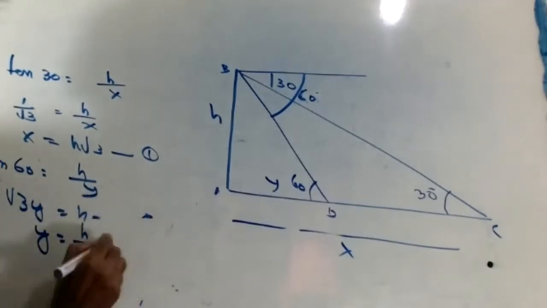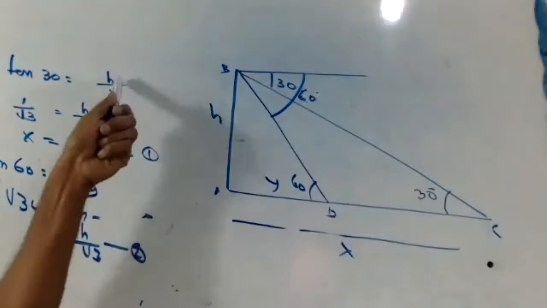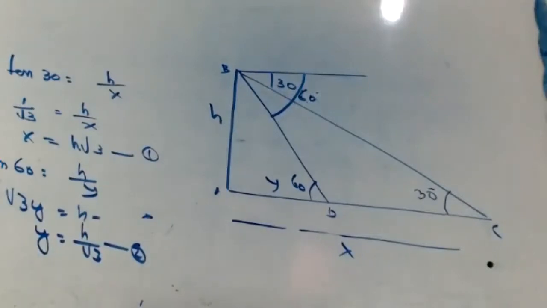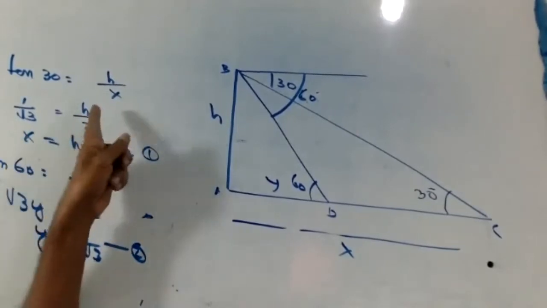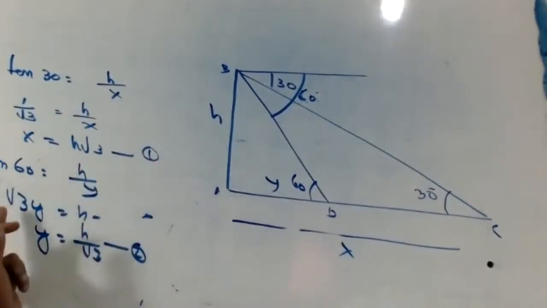This is number 2. Okay, is this okay or not? Check all this now. Make sure, this is a star question. Tan 30 equals h by x. 1 by root 3 equals h by x. x equals h root 3. Tan 60 equals h by y. Root 3 y equals h. y equals h by root 3. Okay, right?